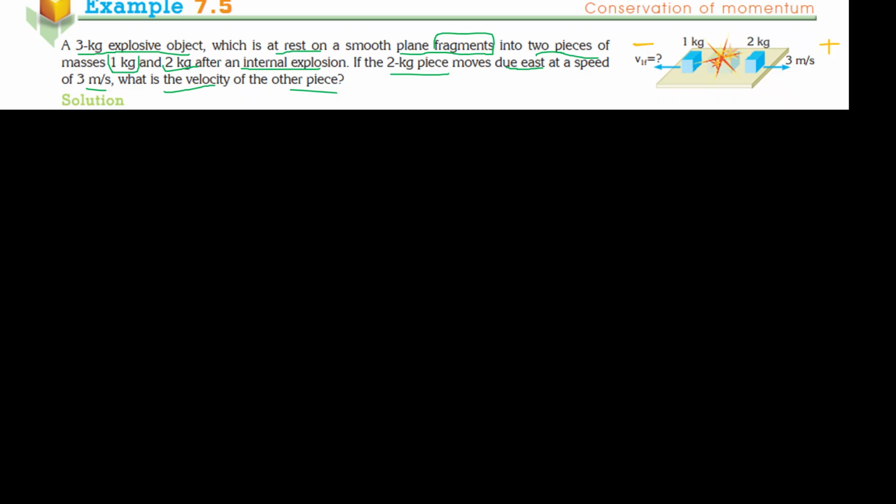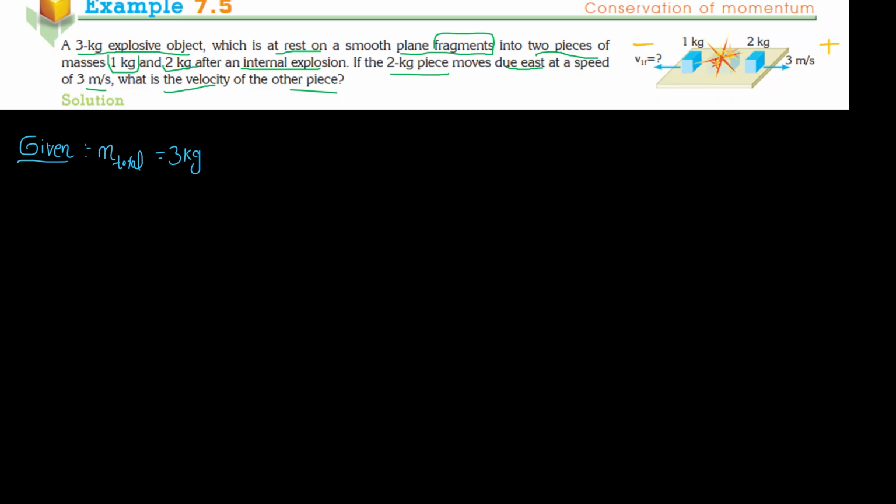As it explodes, the 2 kilogram fragment moves toward the right and the 1 kilogram fragment moves toward the left. And we choose the right side to be positive and the left side to be negative. As velocity is a vector quantity, we must consider the signs according to directions. So let's start.